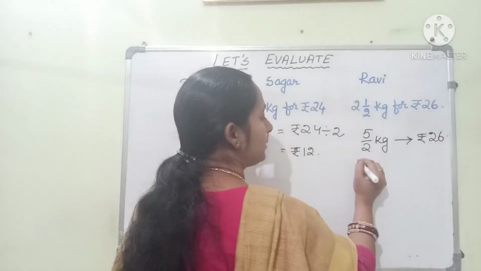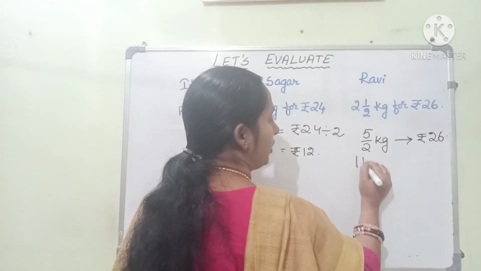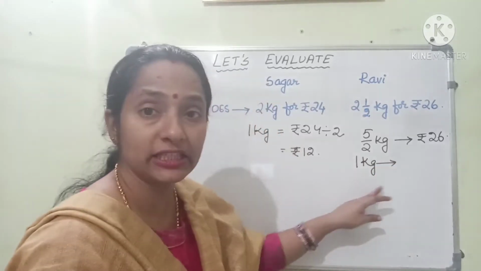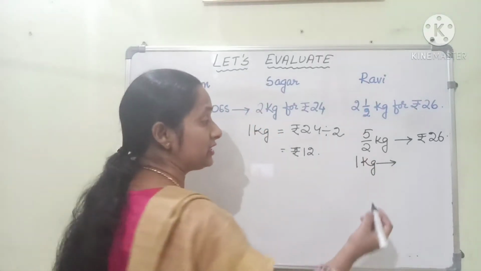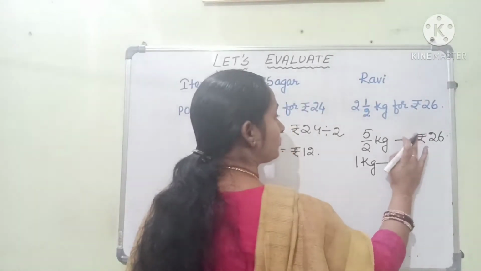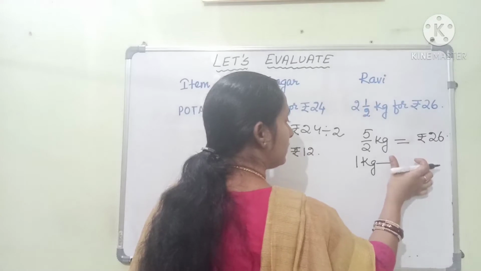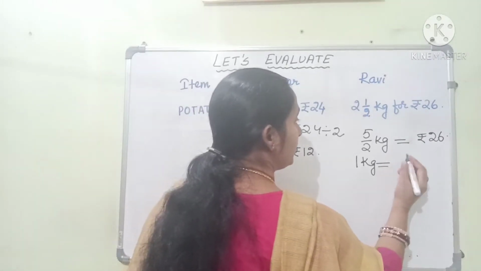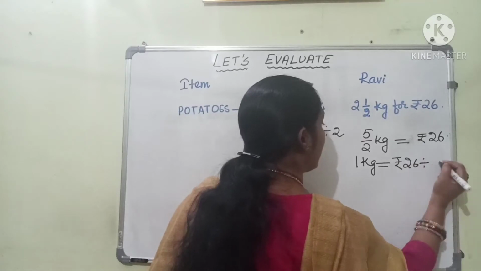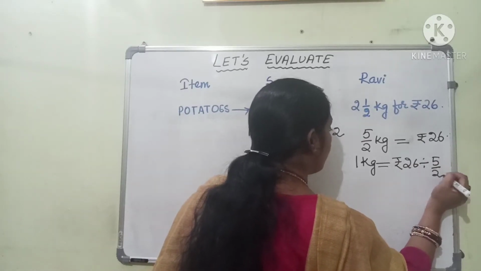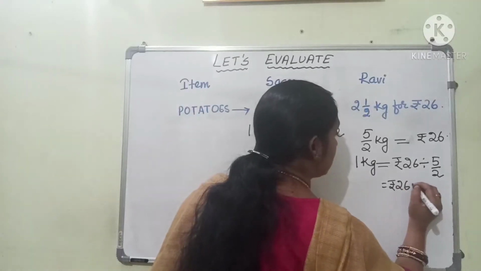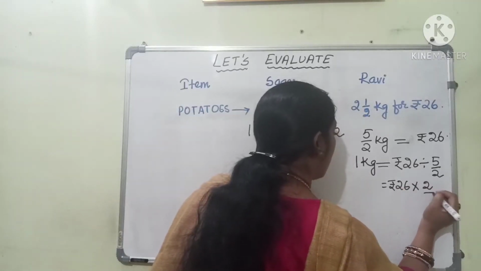Then what will be the price for 1 kg potatoes? The price for 1 kg potato will be equal to rupees 26 divided by 5 by 2. This is equal to rupees 26 multiplied by 2 by 5.